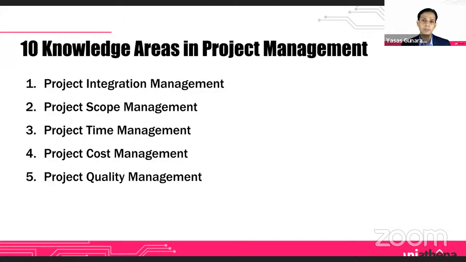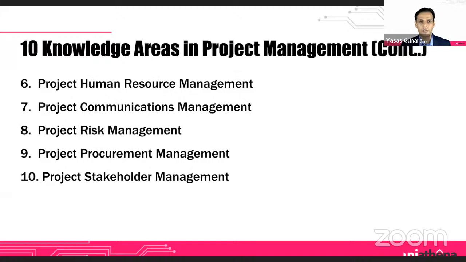So quality management itself is a deep topic. There are a lot of areas that you could discuss, which I'm not going to talk in detail today, but it's one of the key areas that we need to keep in mind. So let me move on to the second set of slides where we talk about the next 5 knowledge areas.